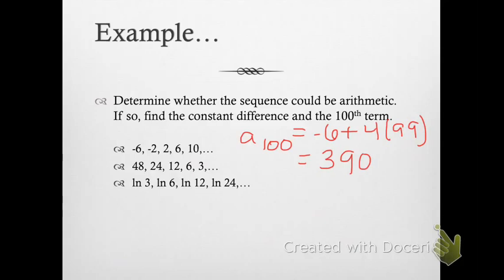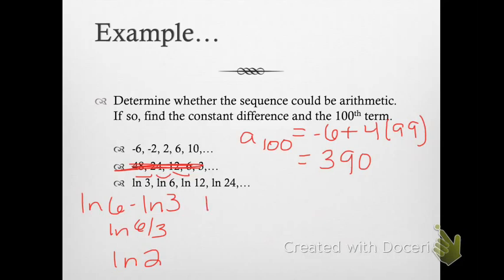Down here, if you take a look, you'll notice that as I go down the terms in the sequence, I subtract 24, and then I subtract 12, and then I subtract 6, so this one is not arithmetic. When we do the natural logs, though, the natural log of 3 minus the natural log of 6, actually I should write it the other way, using the properties of logs, we can actually reduce that down to the natural log of 2.